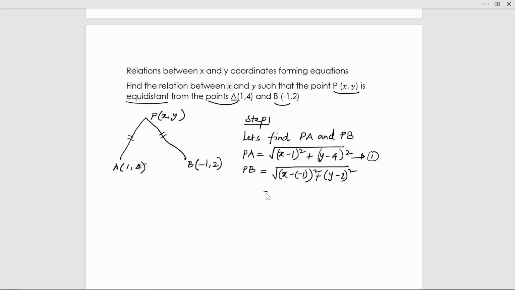So we'll solve a little bit here. So here x minus of -1 becomes plus 1, square, plus (y minus 2) square. So this is my equation 2.